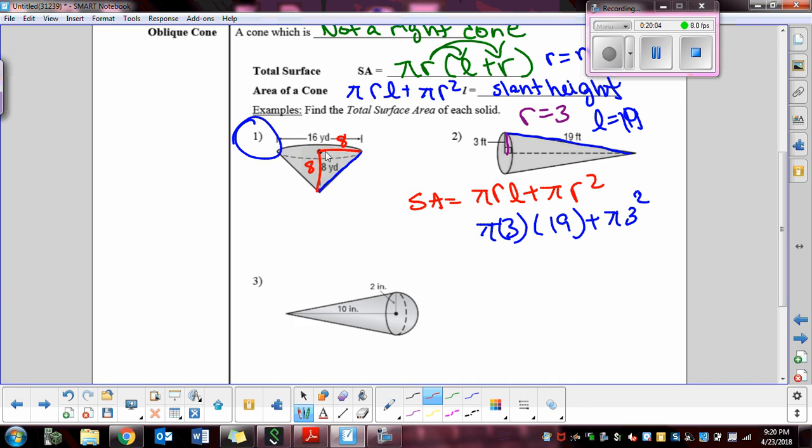And this is going to be your right angle right here. You're going to use the Pythagorean theorem to find the slant height. And remember, this is your hypotenuse, so this is your answer. L squared equals 8 squared plus 8 squared. Tell me what L is, plug it in, and then find the total surface area of number 1.